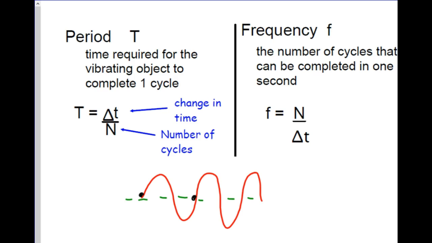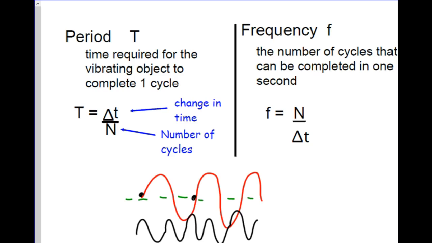If you have 5 cycles, 1, 2, 3, 4, 5. 5 valleys, 5 hills. We use a proper time terminal: 5 crests and 5 troughs. We're going to time how long it takes to make those cycles.